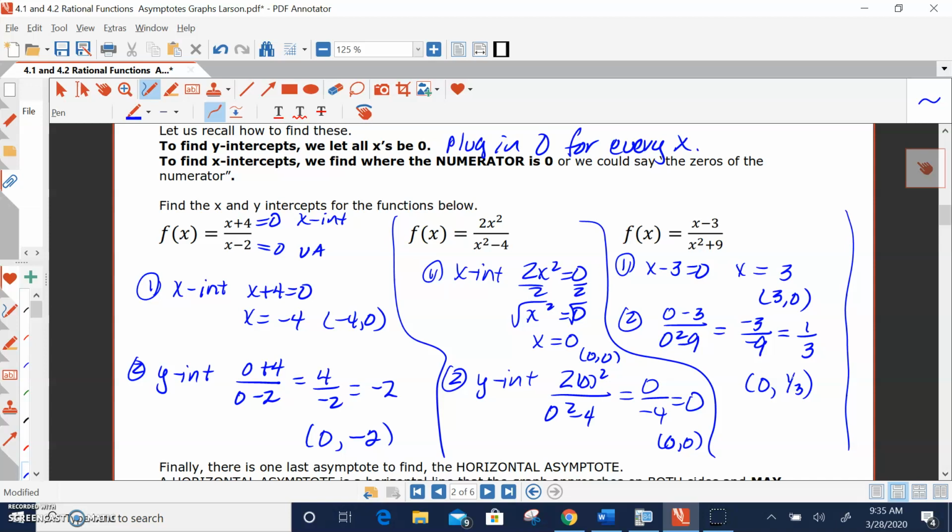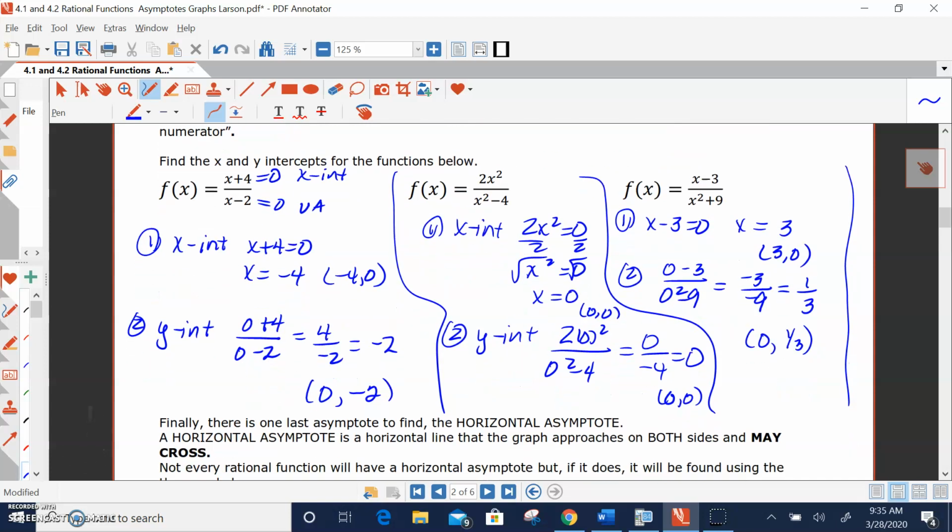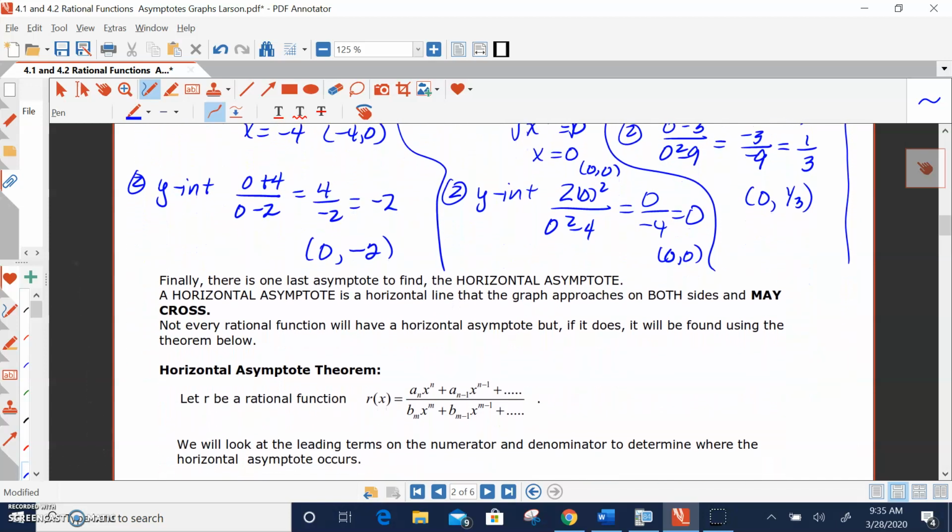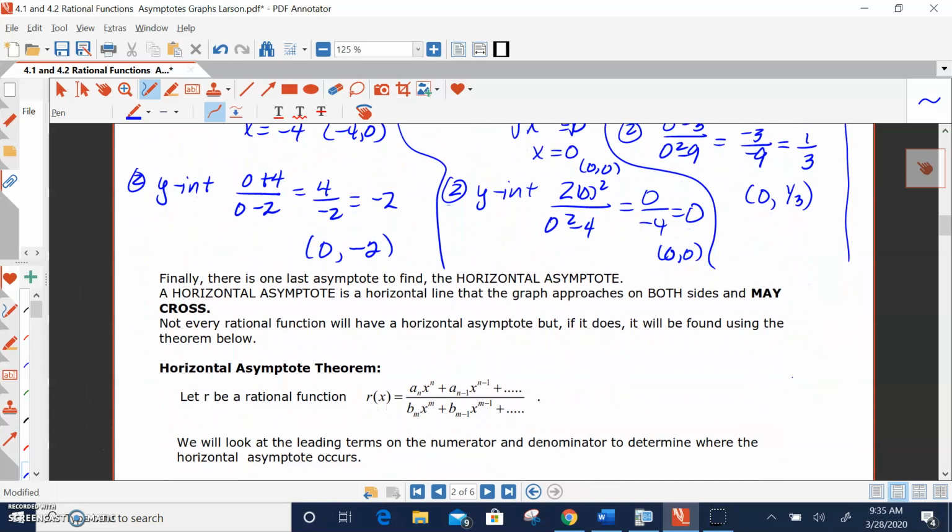We're going to add one more thing to that list, which is a horizontal asymptote. So remember, a vertical asymptote is a vertical line that you can approach on both sides but never cross. A horizontal asymptote is a horizontal line that the graph approaches on both sides, and this is interesting, you may cross over that horizontal asymptote. You'll see when that occurs.